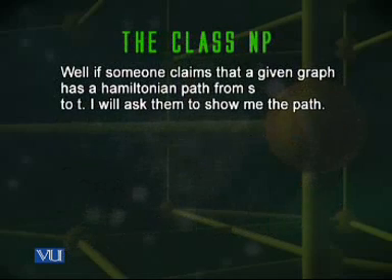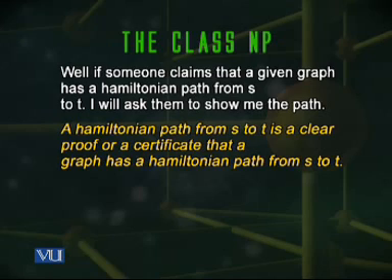Well, if somebody is claiming that a graph has a Hamiltonian path from S to T, the way I will get convinced is if they show me a path from S to T and it is a Hamiltonian path.